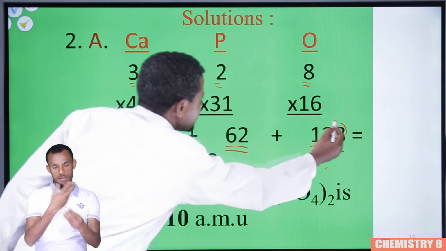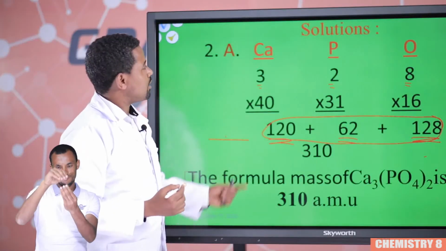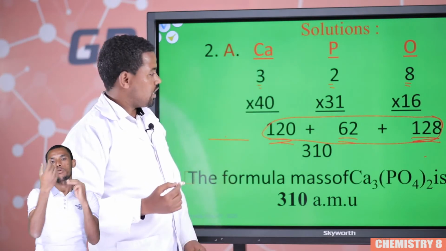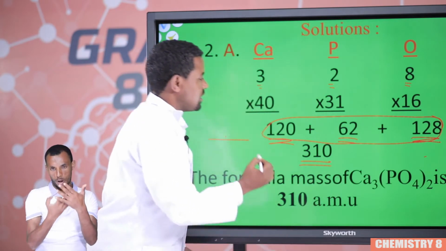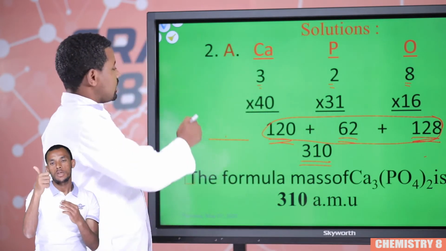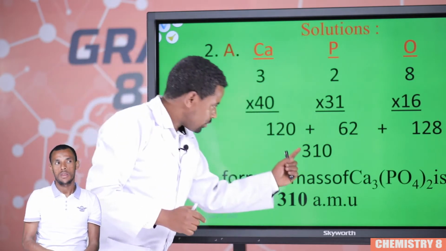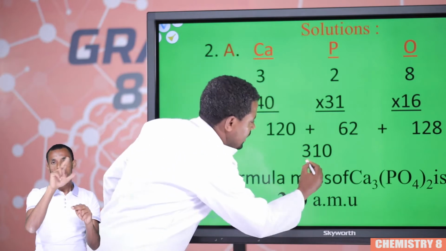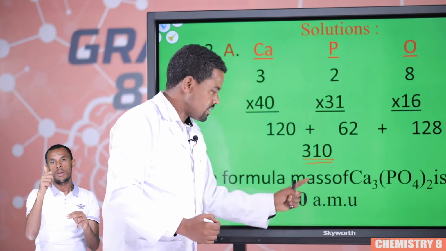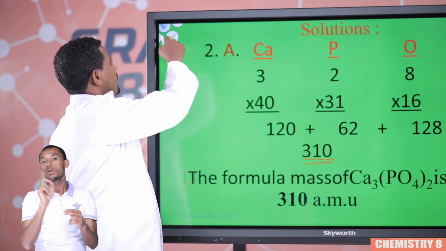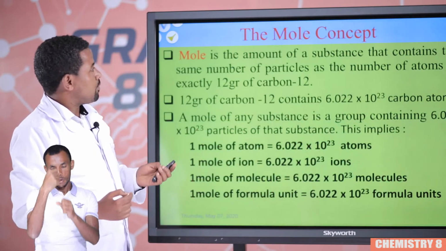The sum of these total masses of each individual element will give us the formula mass of calcium phosphate. You can put it as 310, or you can use 310 AMU, which means atomic mass unit, as I have explained before. You can do the remaining ones.